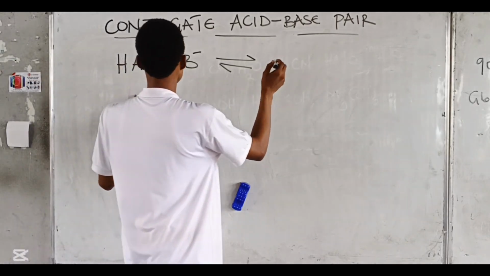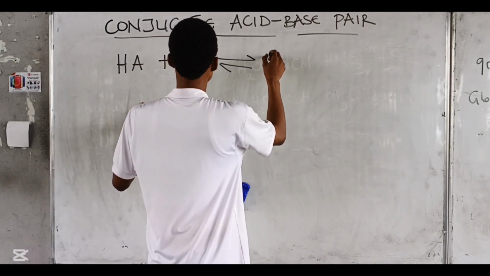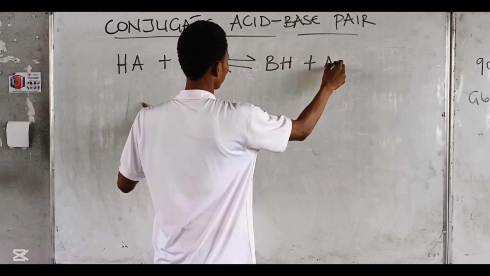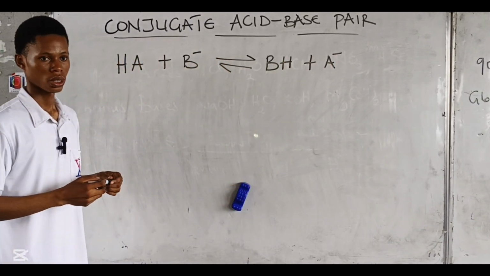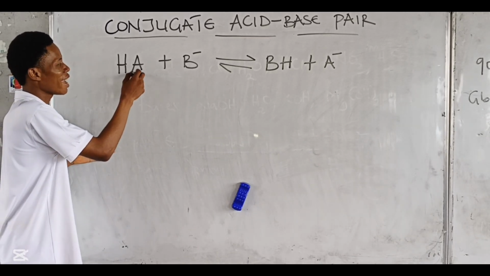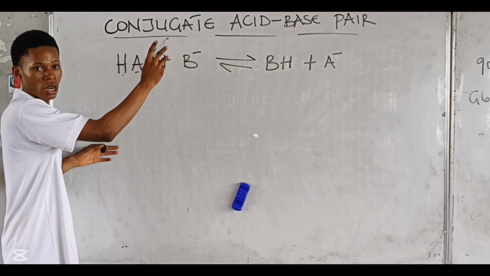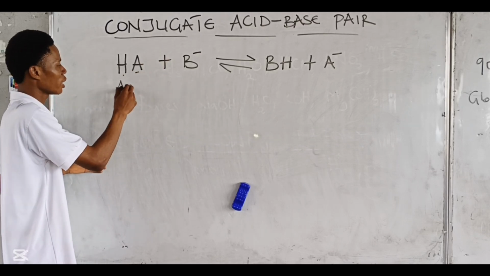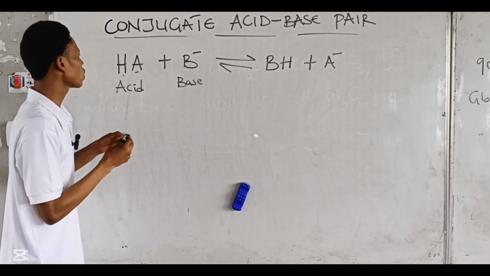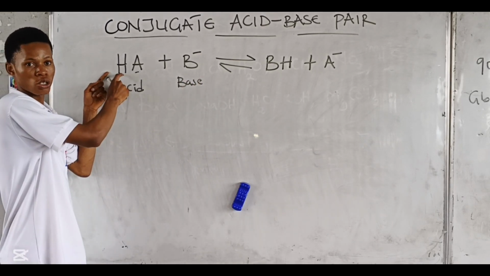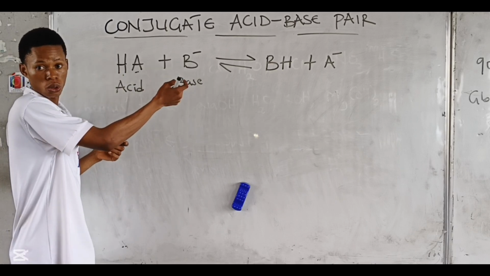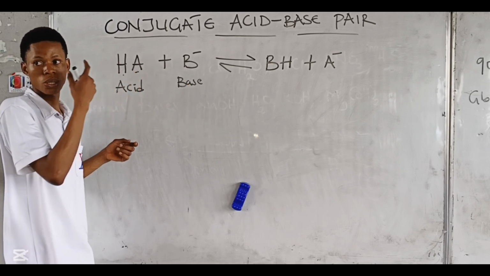If a reaction takes place and we now have something like this, you notice that the acid has donated a proton. This is the acid because it can donate a hydrogen ion, a proton. The base cannot donate a proton, it does not even have one.